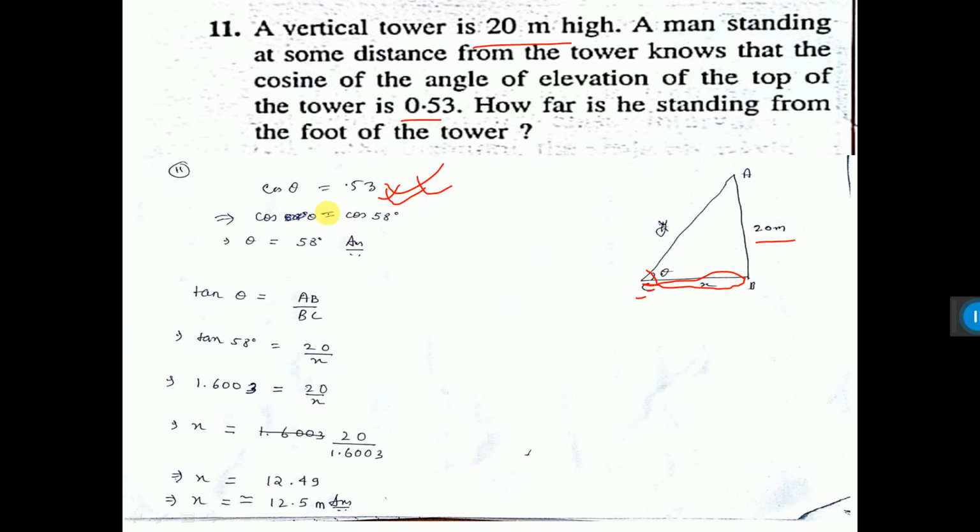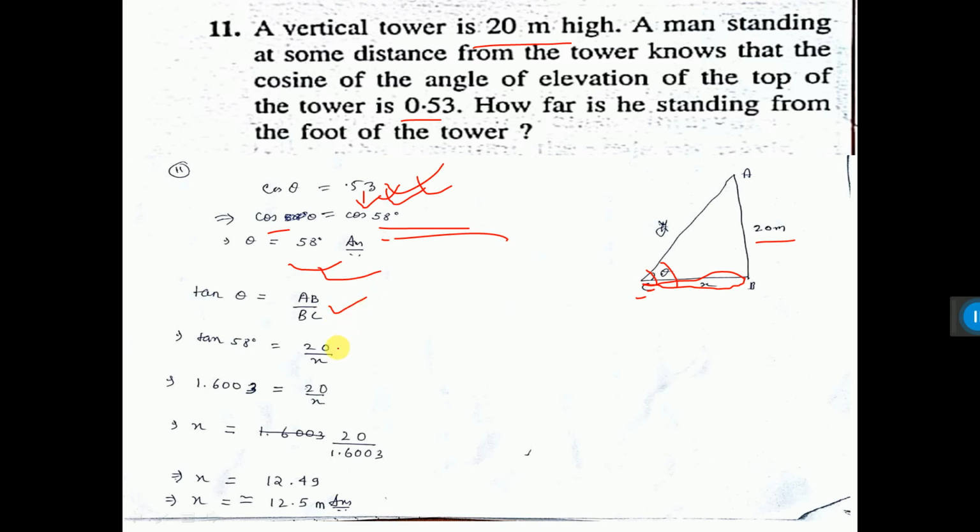Now 0.53 is cos what degree? Cos 58 degree. From the back side of your book you can see it is 58 degree. So cos theta equals cos 58, that means theta equals 58. Since I got the angle, now you take tan theta equals perpendicular by base.